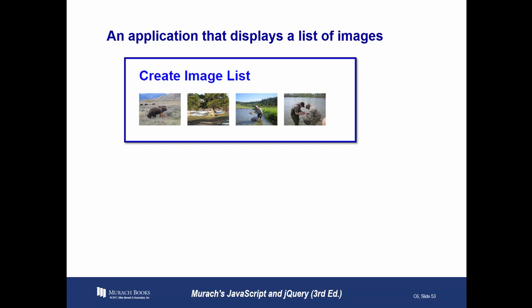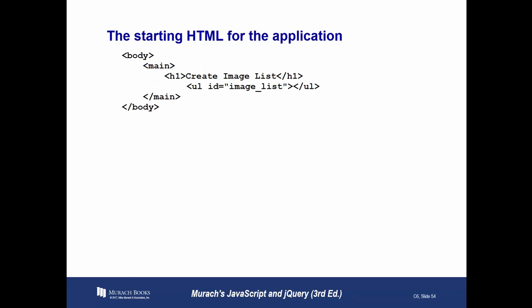This first example will show you how to add content to an HTML element. In this case, 4 images are added to an HTML element with an ID of image list. So in other words, in here to begin with, there's nothing. There's no LI tags. It's empty.